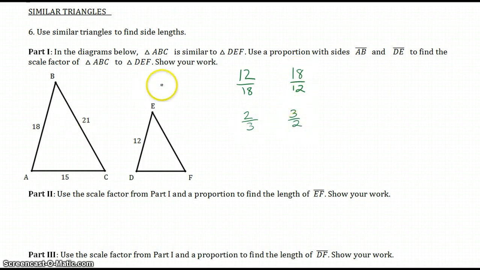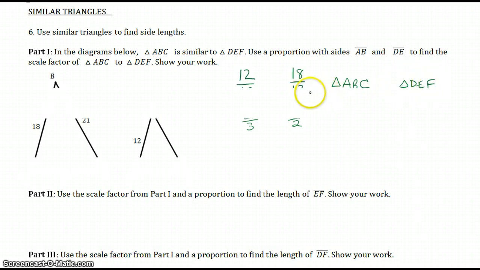And then the question we need to ask is, we want to go from triangle ABC to triangle DEF. And when we multiply by the scale factor, it needs to get smaller.